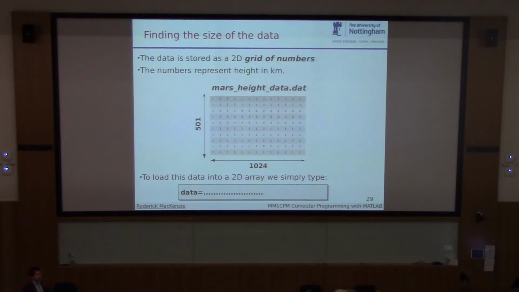And this is the format marsheightdata.dat comes in. I've shrunk it down a bit, so it's easy to handle in a lecture. In this file, we've got 1,024 points across the x-axis and 501 points across the y-axis. So we've got those numbers multiplied together of data points. So how do we load this file into MATLAB? What command would we use?